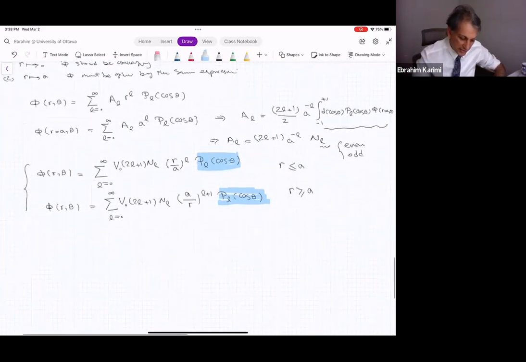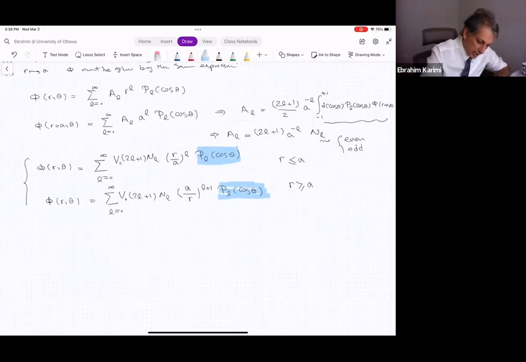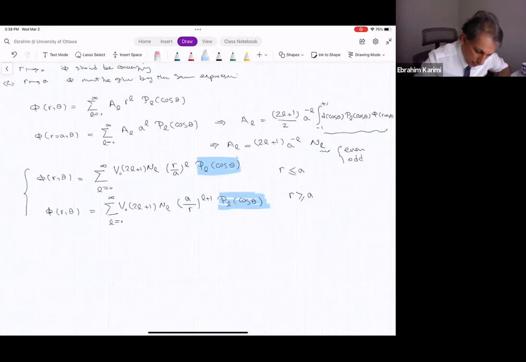We can see that here as well if we assume that the point of observation is along the z direction. So this is the sphere that we have. That side is minus V0, that side is plus V0.